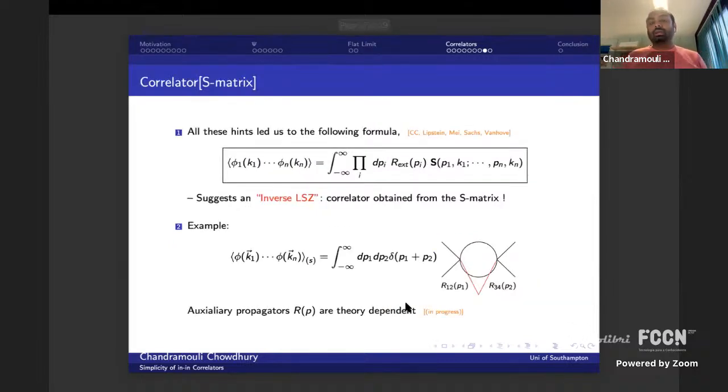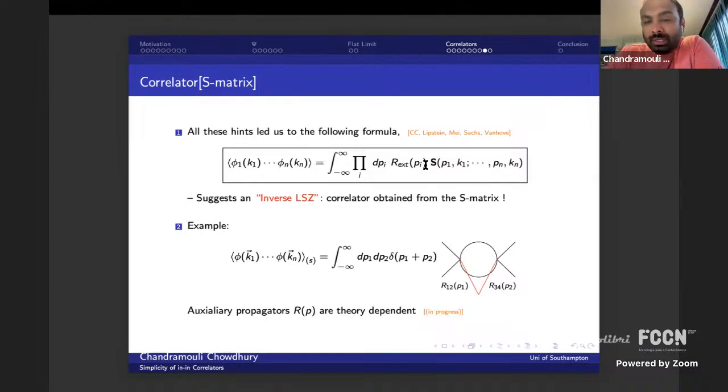Okay, good. So all these hints led us to this nice formula, which is what I meant at the very beginning, that you could obtain a correlation function from an S matrix, and which is the following formula. So you take an S matrix that you like, and here by S matrix, I mean a Feynman diagram. We don't quite sum up all diagrams, but a single Feynman diagram.